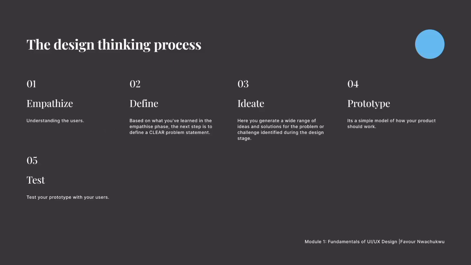What is the design thinking process? We have empathize, define, ideate, and prototype. For empathize, this is where you get to understand your users. You engage and observe your target audience, go listen to them, get to know what their problem is from observation.